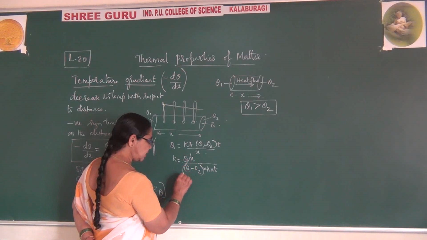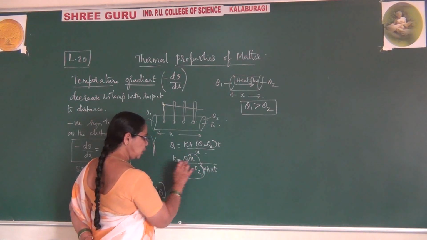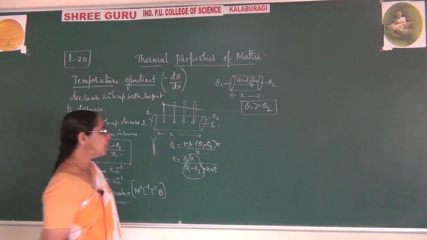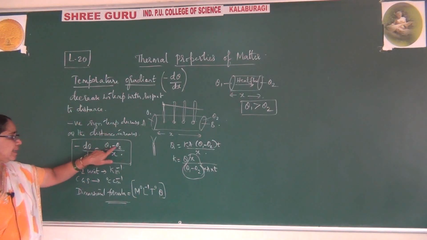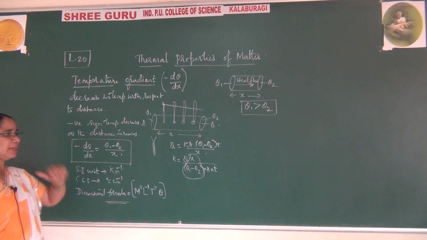Now if you observe, theta 1 minus theta 2 by x is the temperature gradient, because already you know that formula.